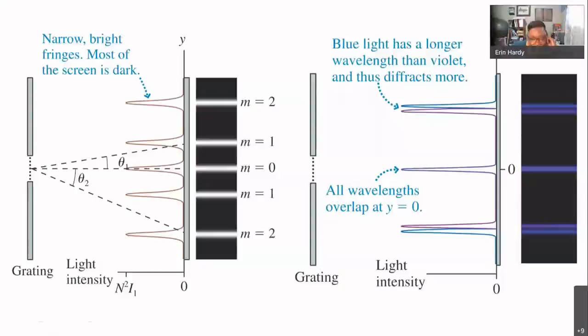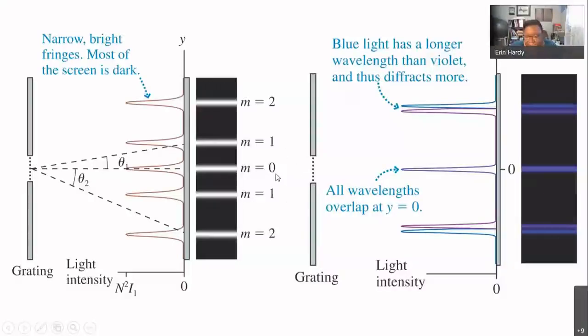There is a relationship between how much shorter wavelength light spreads compared to longer wavelength light. So instead of red and blue or red and violet, which we will frequently see when talking about the bounds of the visible spectrum, we have blue and violet, where we know that blue light has a slightly longer wavelength than violet.